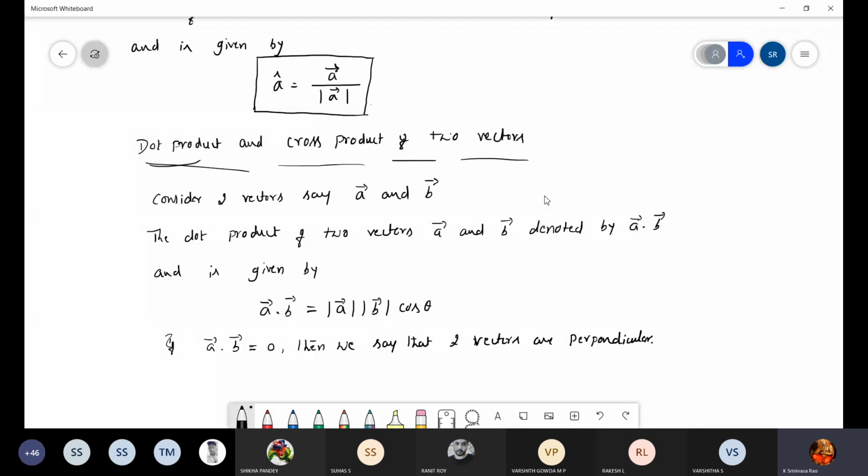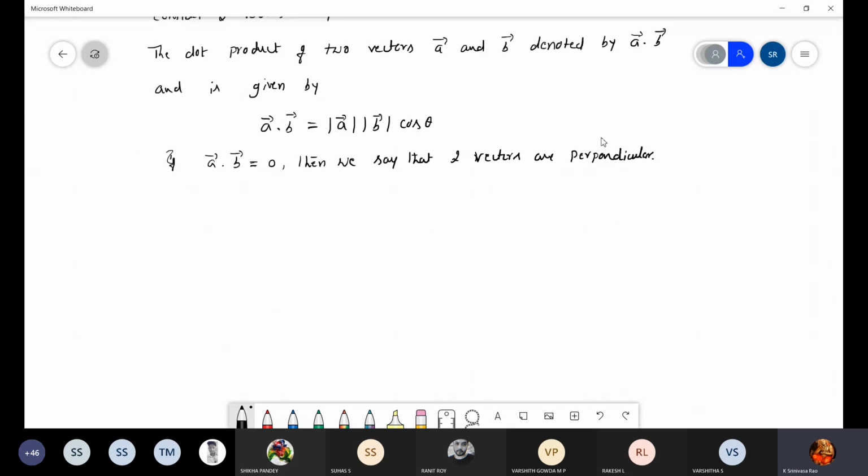Next line. The cross product of two vectors A and B, with arrow mark, denoted by A cross B. Both are actually products only.